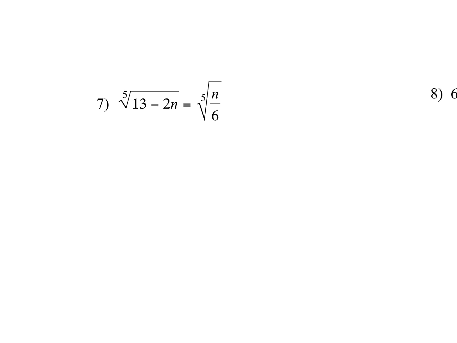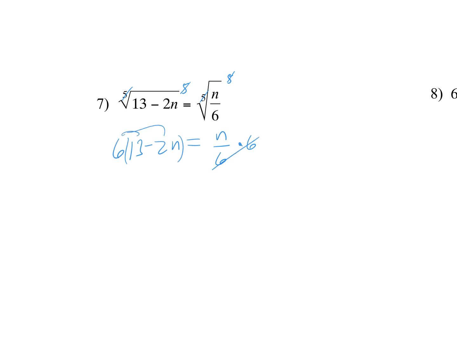If I have a fifth root and a fifth root, all I have to do is get them equal to each other and then raise both sides to the power of 5. Then all of our 5s cancel out, and I get 13 minus 2n equals n over 6. Getting rid of the 6 on the bottom, I can multiply both sides by 6, and then those cancel out.